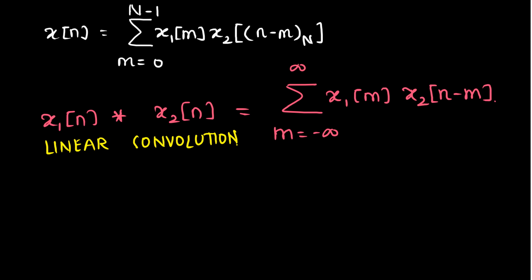Now what does this modulo operation do? So when we consider this n minus m mod n, instead of having the shifts linearly, we are going to get the shifts in a circular fashion. So therefore, due to these circular shifts, this expression is known as circular convolution.